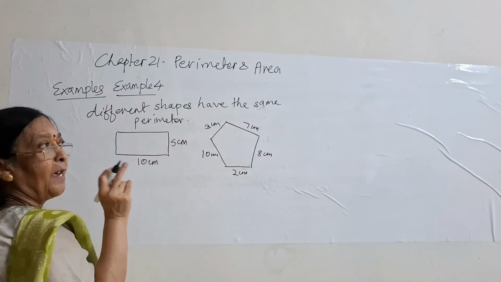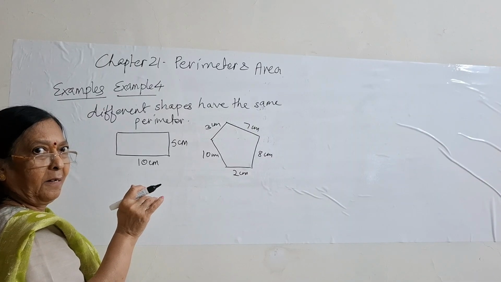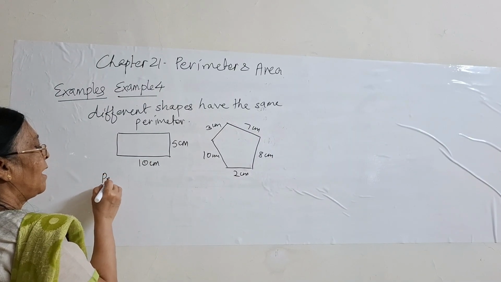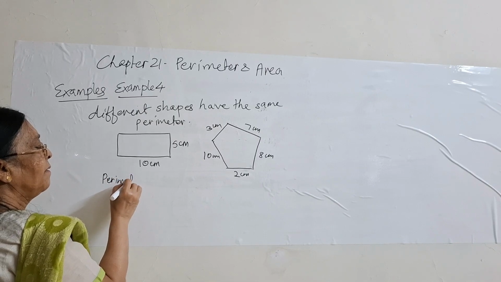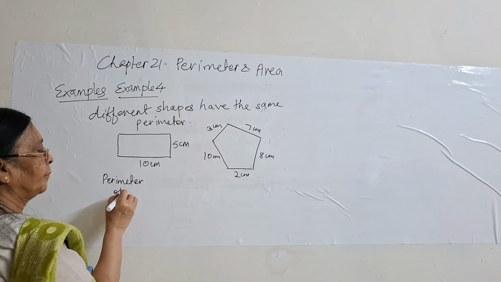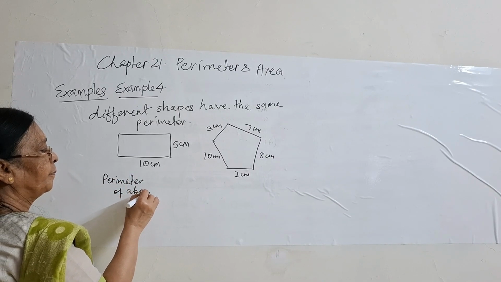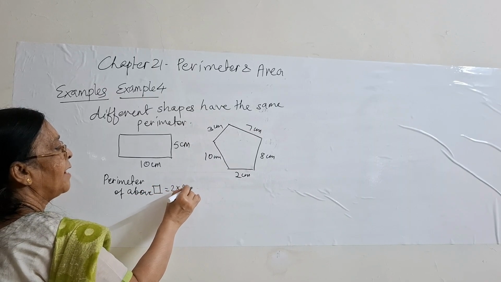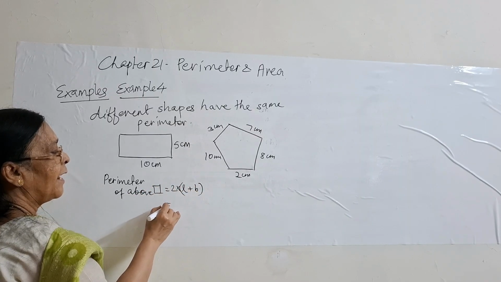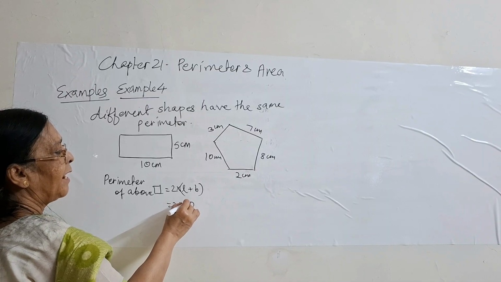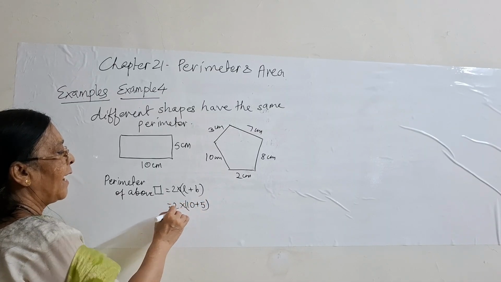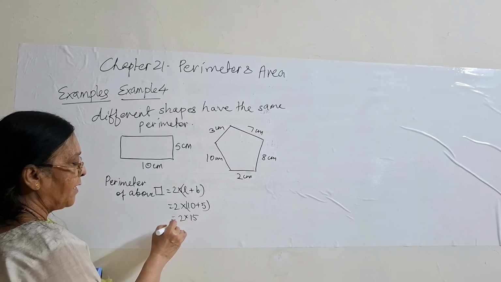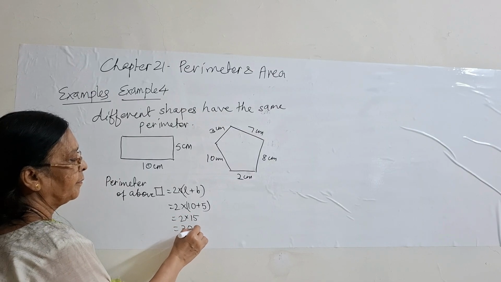Now they both have the same perimeter. How is it possible? The perimeter of the given rectangle equals 2 multiplied by length plus breadth. That is 2 multiplied by 10 plus 5, which is 15 multiplied by 2, that is 30 centimeters.